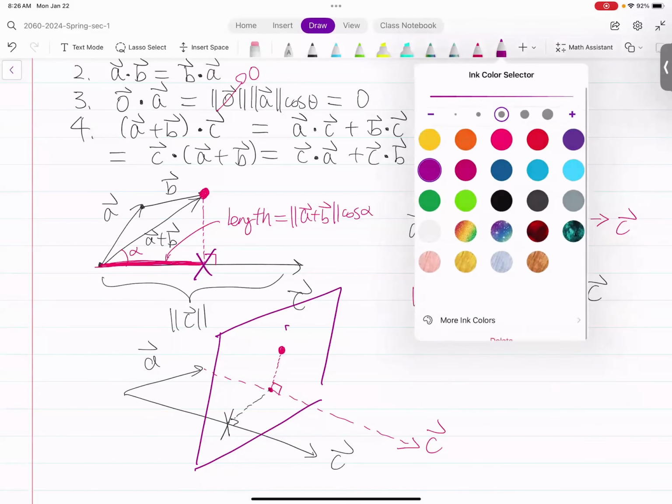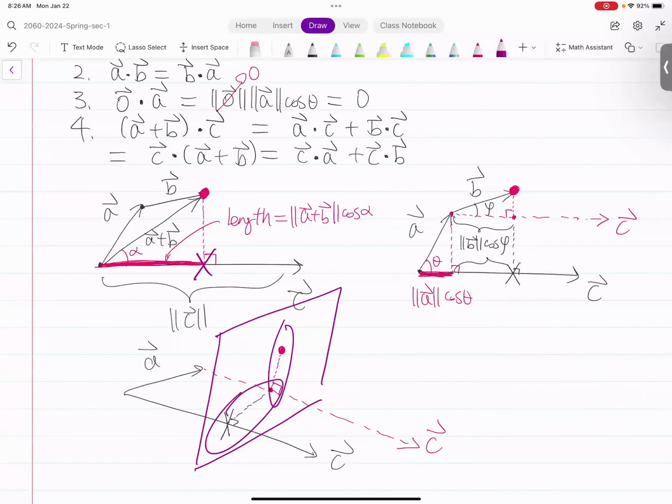These two lines actually form your plane, right? So what do you know? The red one is perpendicular to C. The black one is perpendicular to C. So that entire plane is perpendicular to the red dashed vector C and the black vector C, right?